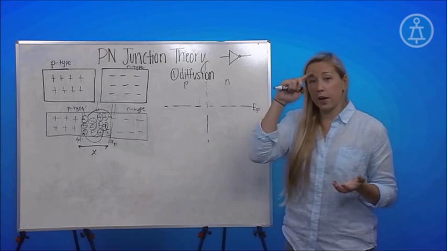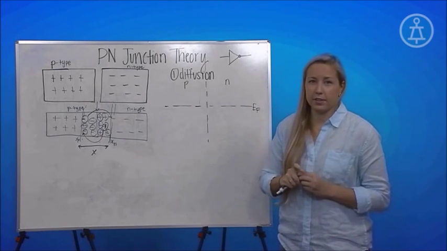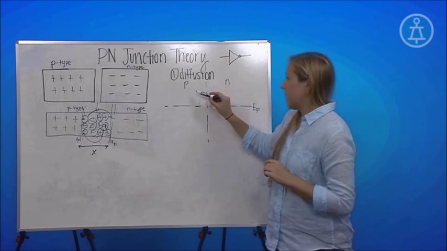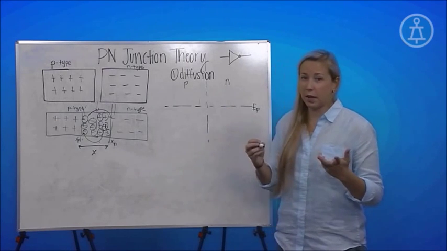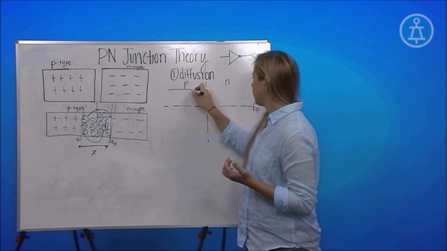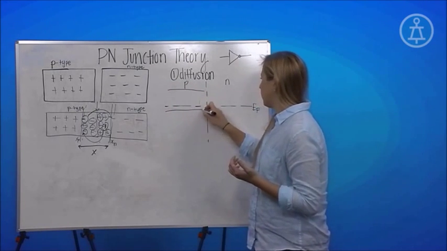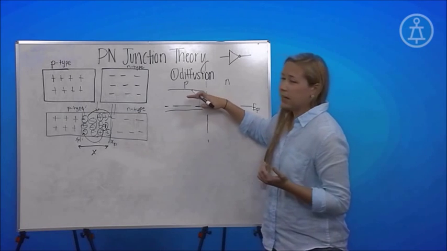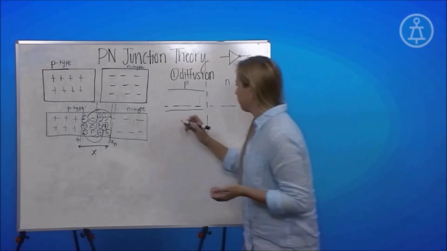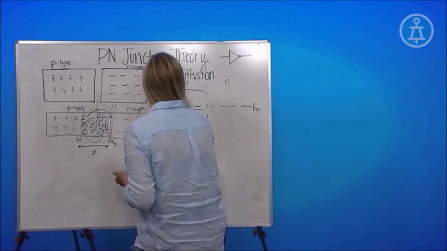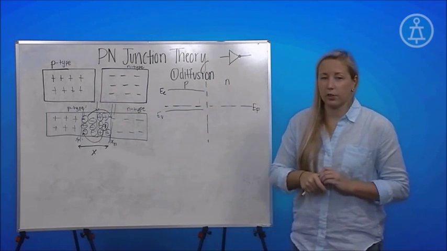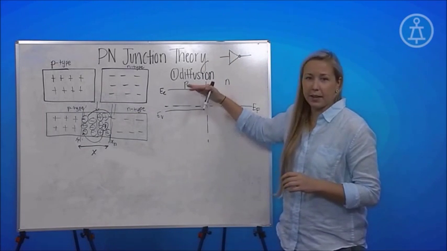If you recall from previous energy band diagram lectures, for a p-type material, which has more acceptors, the Fermi level is going to be closer to the valence band than it is to the conduction band, because we have fewer electrons filling these energy bands.